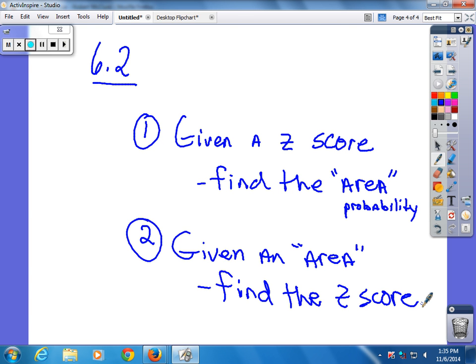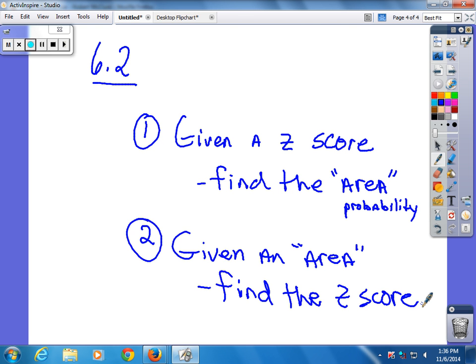Now, there's 2 or 3 ways that you can find the area. One is the table, 2 is the calculator. We're not going to do the calculator until we learn how to do the table. That way you have 2 ways to find it in case something happens to your calculator or in case you forget your table. I know you can use the calculator to find the area, but I don't think you can find the z-score with the calculator, but I'll have to research that because I can't remember.